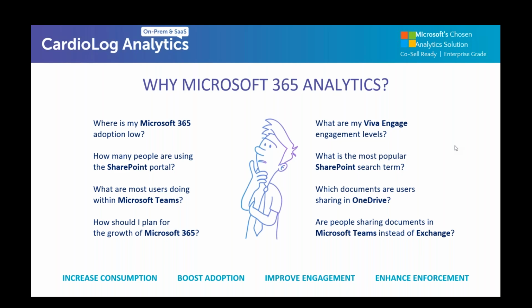And I should surface that content, make sure it's easier to access. Perhaps if we talk about adoption, which departments in my organization are using SharePoint or Teams and Viva Engage, and which ones need a little more support, a little more help to leverage those platforms a little bit more.